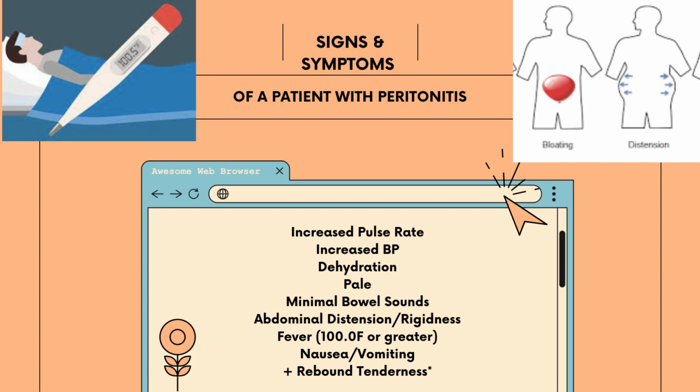And a lot of times these patients also have rebound tenderness. So if you are to push on their stomach, they don't feel the pain right when you push, but when you take your hand away, that's when they will have immense, generalized abdominal pain. They usually have a pretty high fever, over 100 degrees Fahrenheit, accompanied by nauseousness and vomiting.